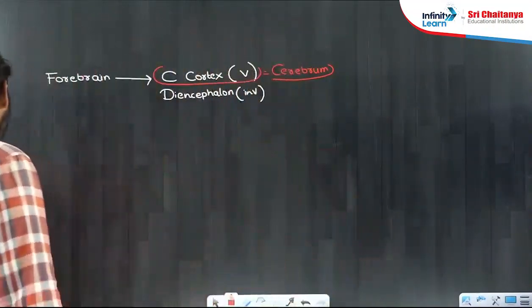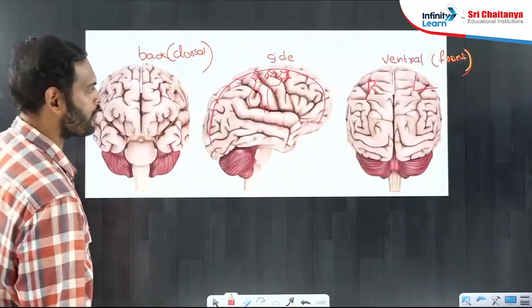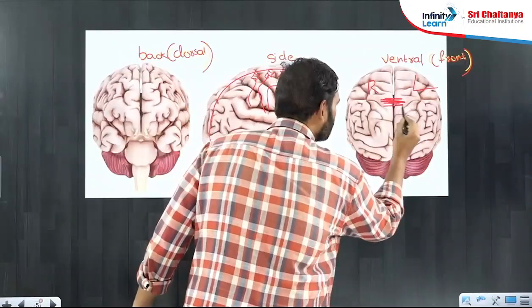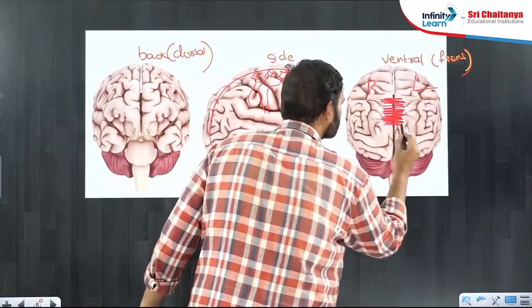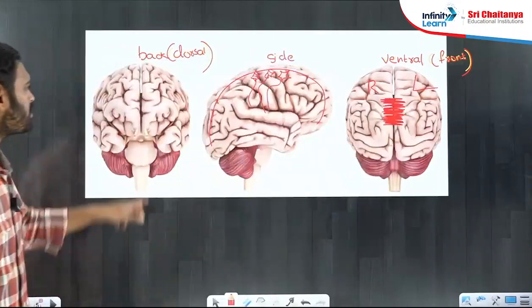And in between these hemispheres, there was a thick tuft of nerve fibers connecting both hemispheres. Between these hemispheres, you can see a dark region.